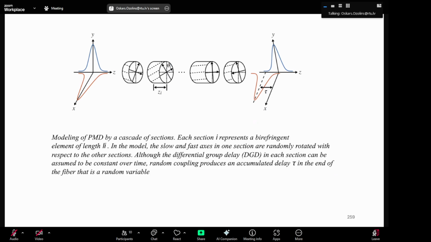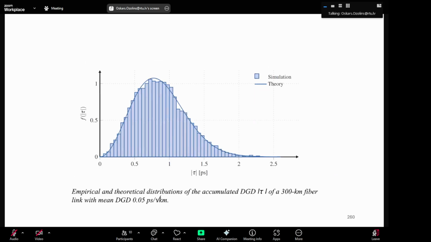So you basically start to get differential group delay in different polarizations, and it's really like a different distribution.